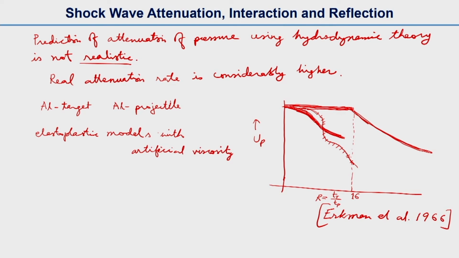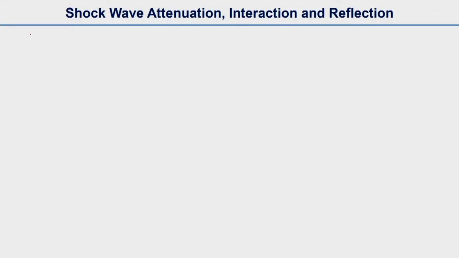Just to let you know that there are some advanced mathematical models that can predict these experiments much more accurately than the hydrodynamic theory, which, as you can see, is very different from the experimental findings.